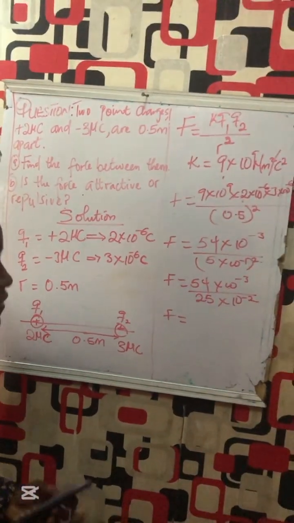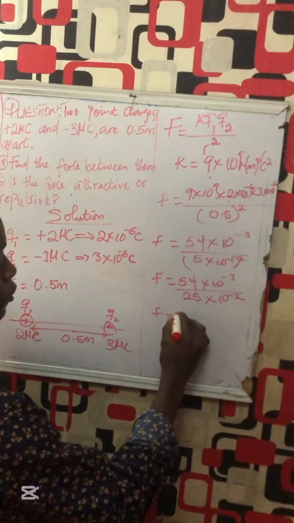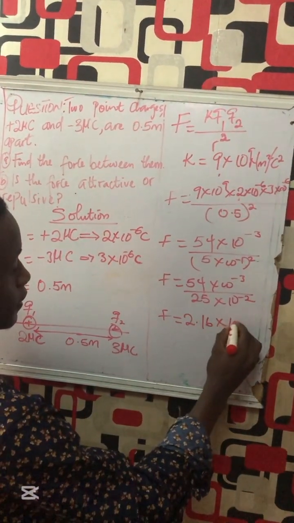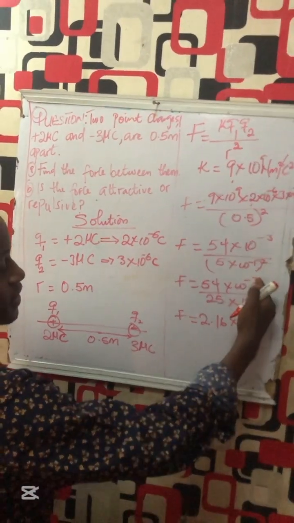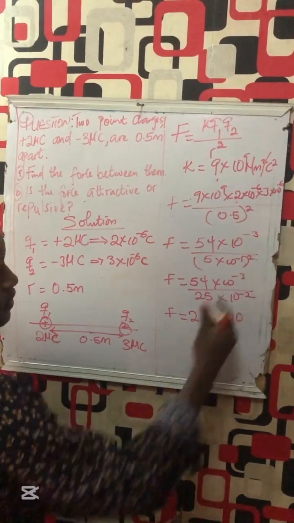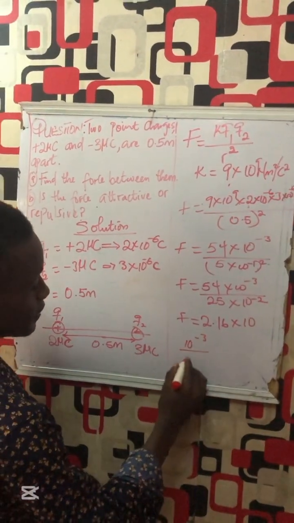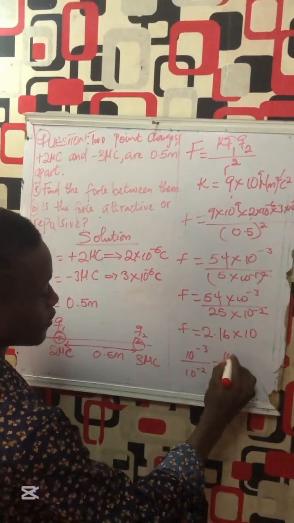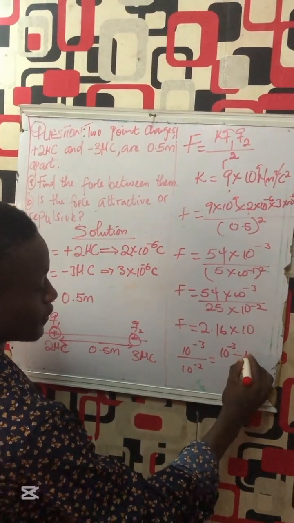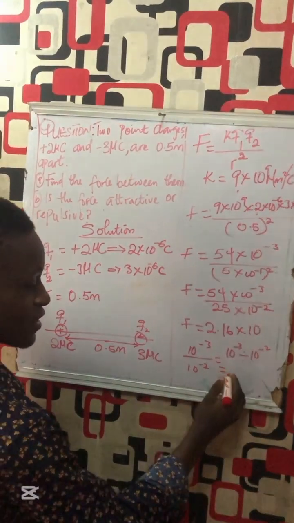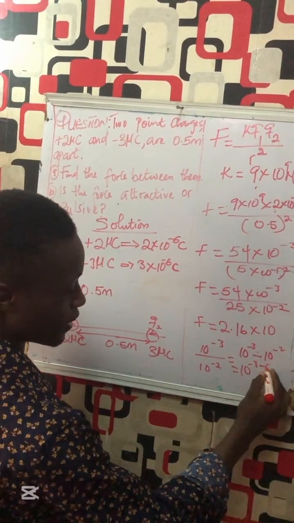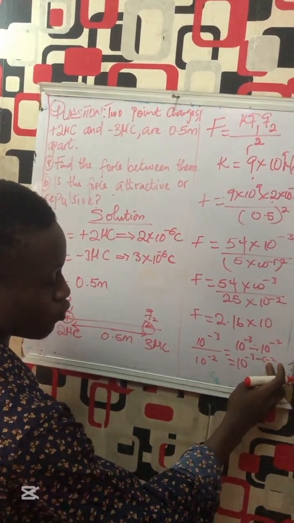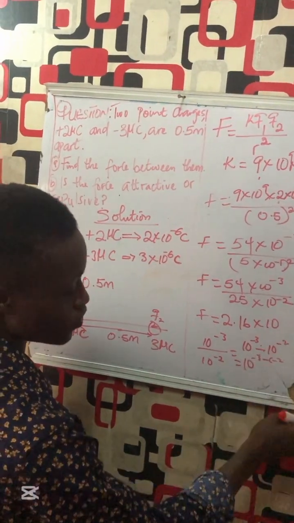which is 2.16. So we have 2.16 times 10 raised to the power minus 3 divided by 10 raised to the power minus 2. That is the same thing as 10 raised to the power minus 3, division changes to minus on the indices, minus minus 2, so that will be plus, and minus 3 plus 2 is minus 1.